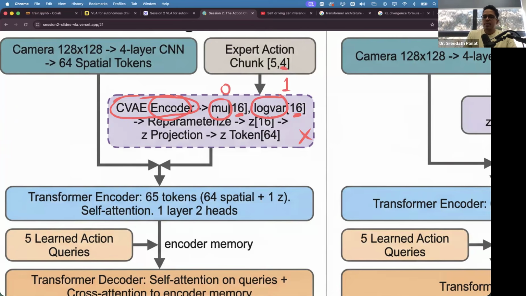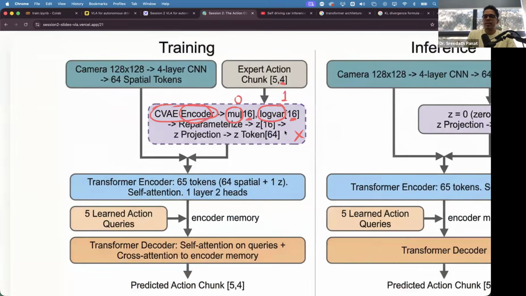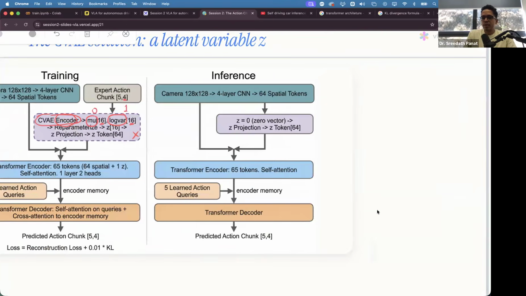Now this is the encoder part of the variational autoencoder. Now we need to sample something from this distribution of mu and sigma. So if the encoder predicts a mu and a sigma, using a random number generator, we'll generate a parameter called epsilon.